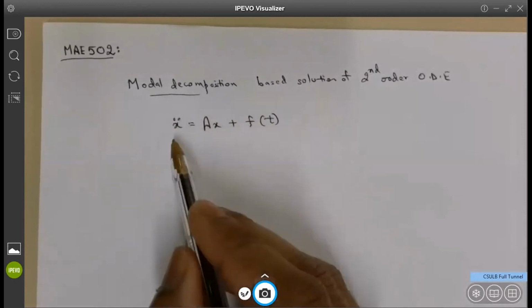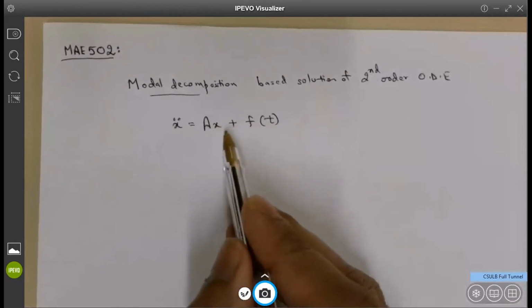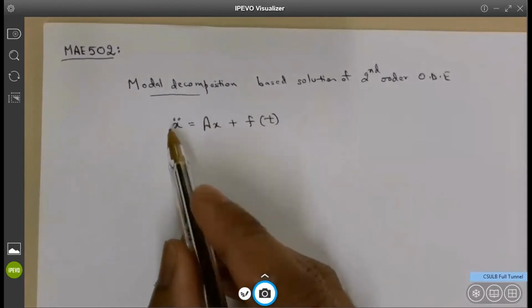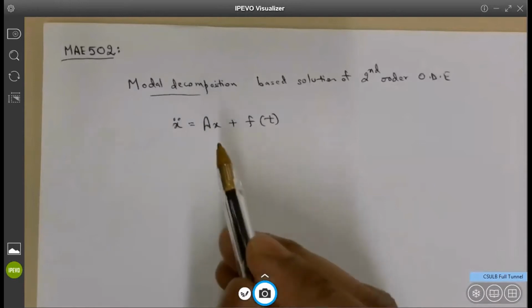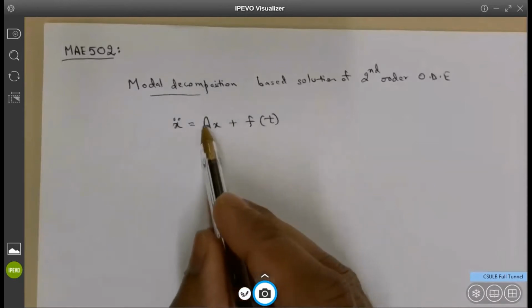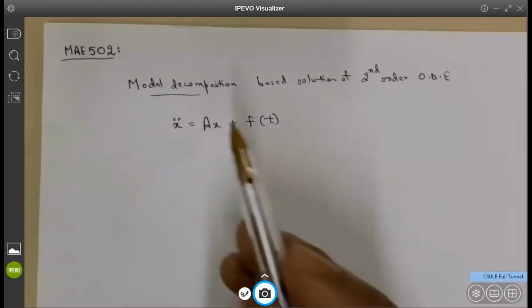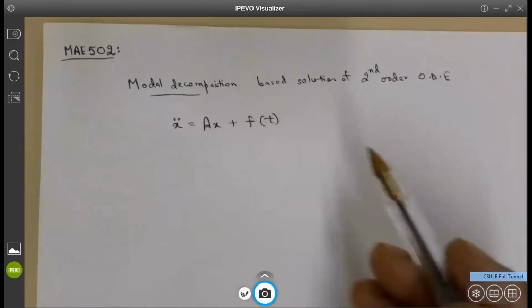And each one of them is basically a second order differential equation where X double dot represents the double derivative with respect to time. A is a matrix of constant coefficients.